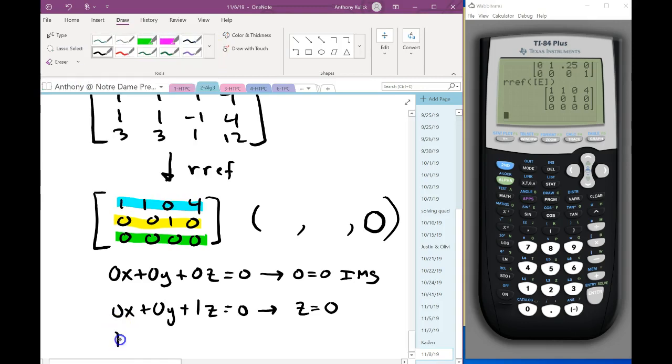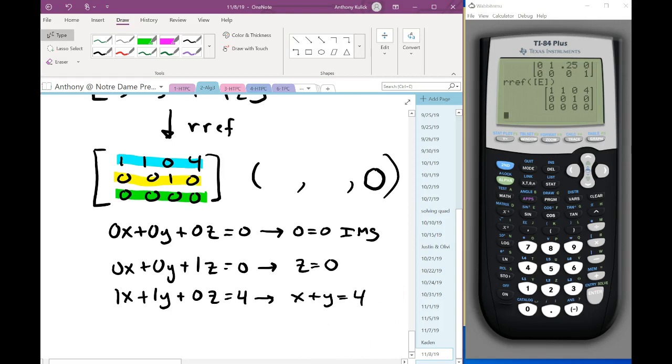Well, it tells me that 1x plus 1y plus 0z is equal to 4, or rather, x plus y is equal to 4. So if I solve that in terms of either x or y, let's say I get the x by itself, to say that x is then equal to 4 minus y, by just subtracting y from both sides.